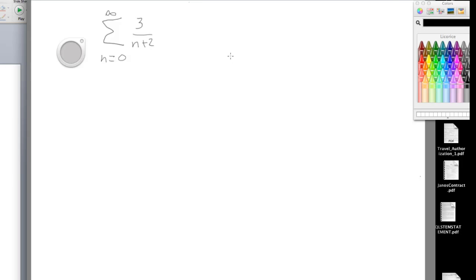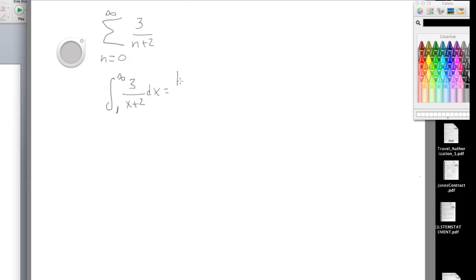Now, this particular series, we can actually use either the limit comparison or the integral test. So for the integral test, we'll be looking at the integral from 1 to infinity of 3 over x plus 2 dx.